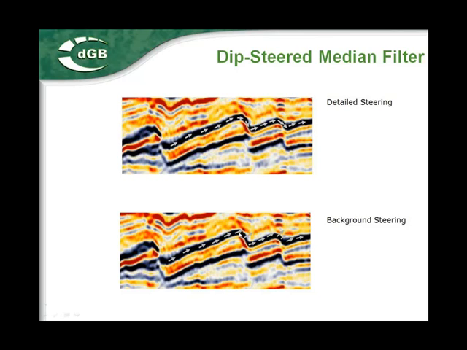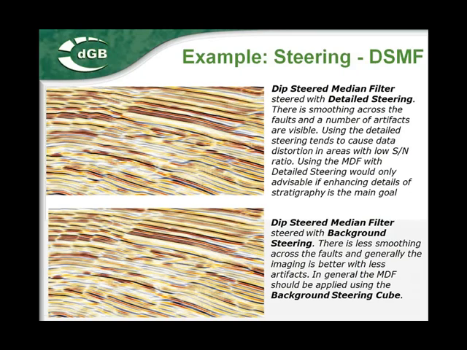In the background steering, my operator will just ignore the fault and will actually behave in the right step preserving fashion. This is a little example of that. This is a dip steered median filter applied 2 times to the same section. Here with detailed steering as input, and here with background steering as input to steer the operator around the reflectors.